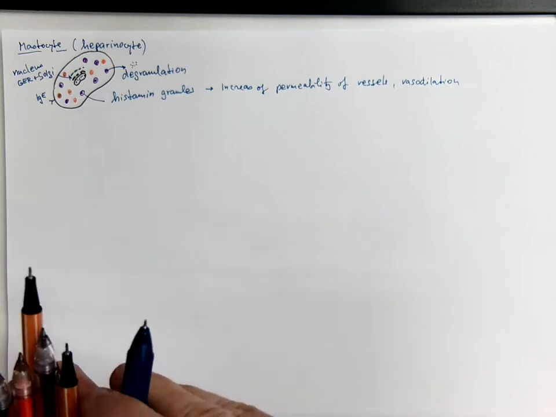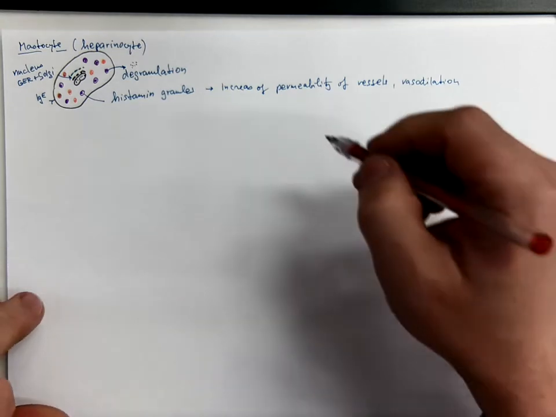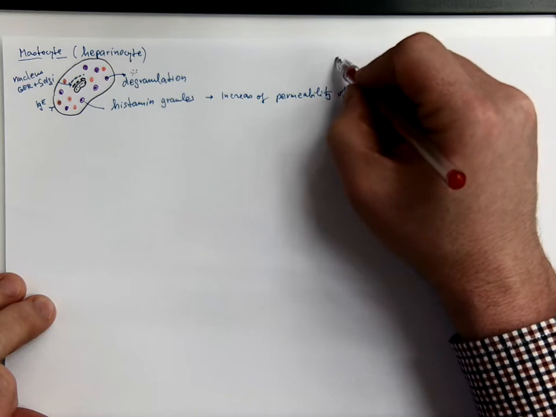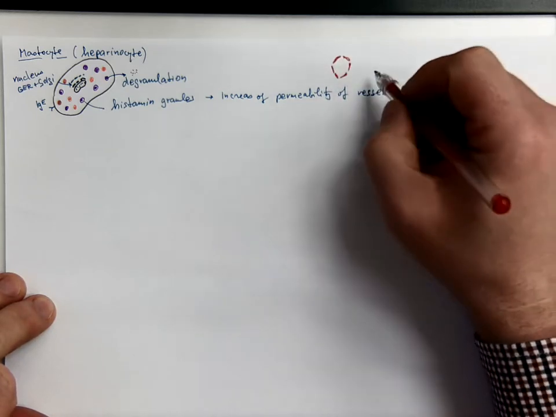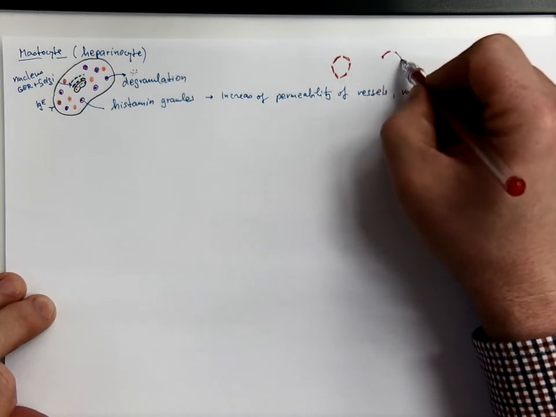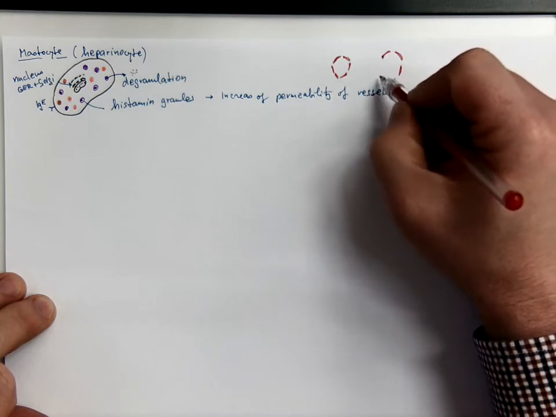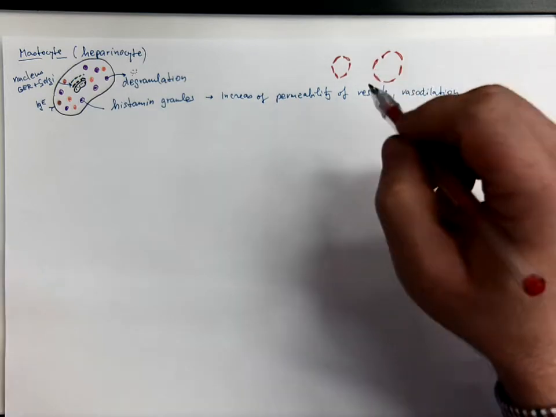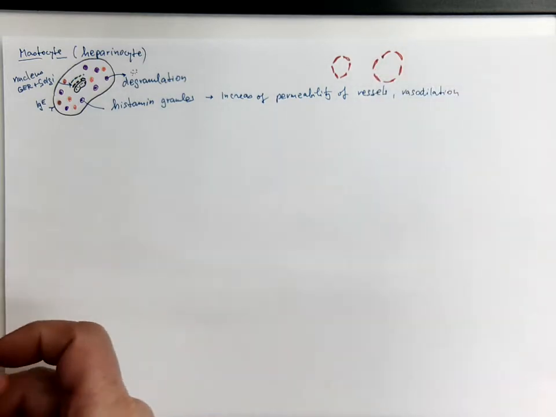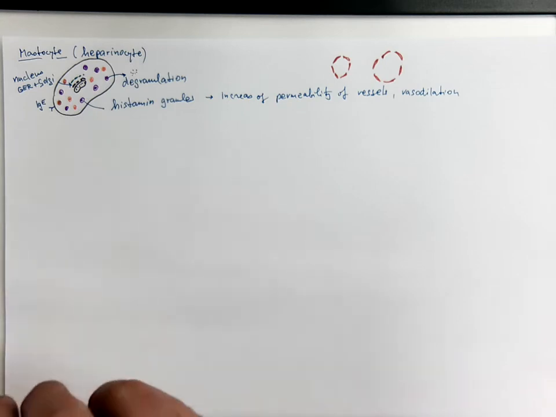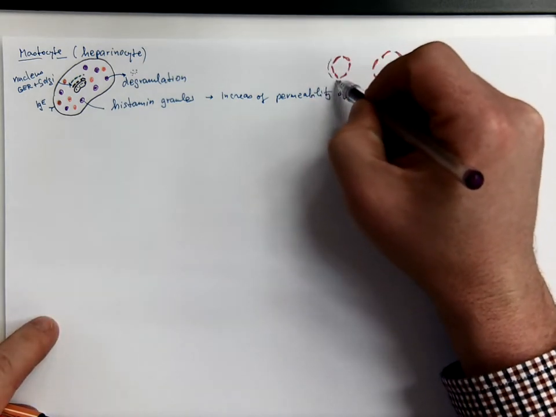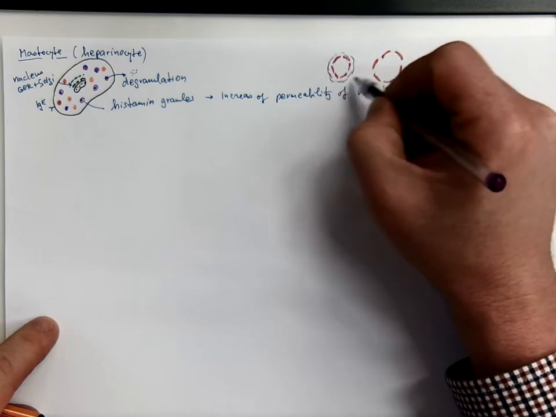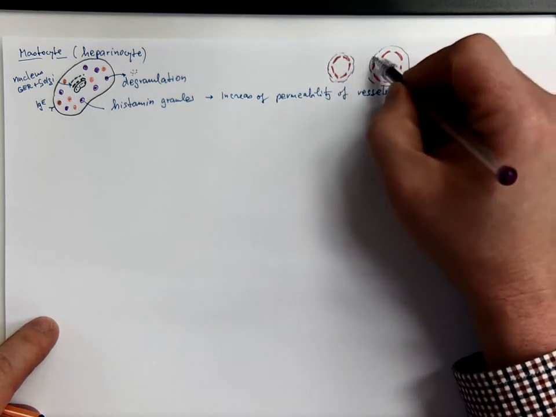So the surrounding blood vessels respond to the presence of histamine by increasing the spaces among the endothelial cells and by increasing the diameter, and by relaxing the smooth muscle that surrounds the blood vessels.